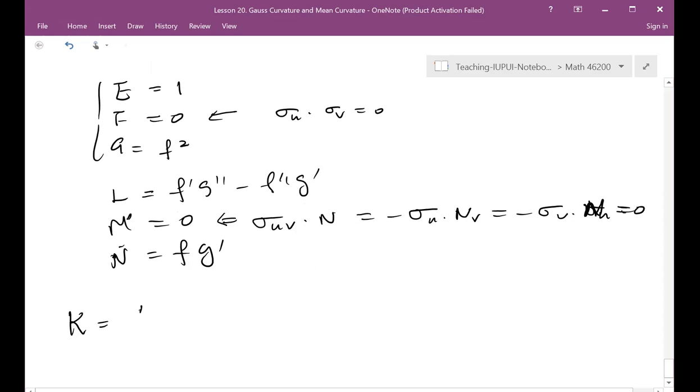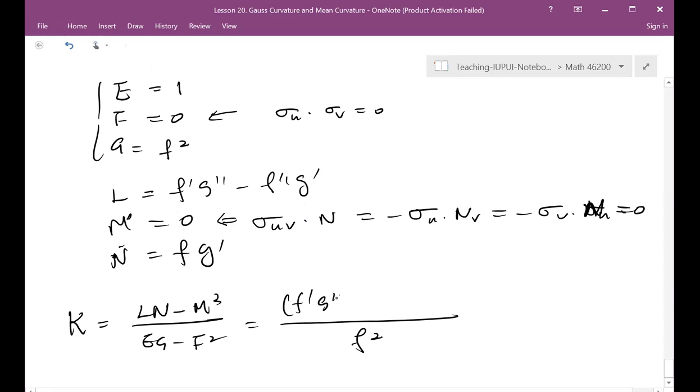The Gauss curvature is (LN minus M squared) divided by (EG minus F squared), right?